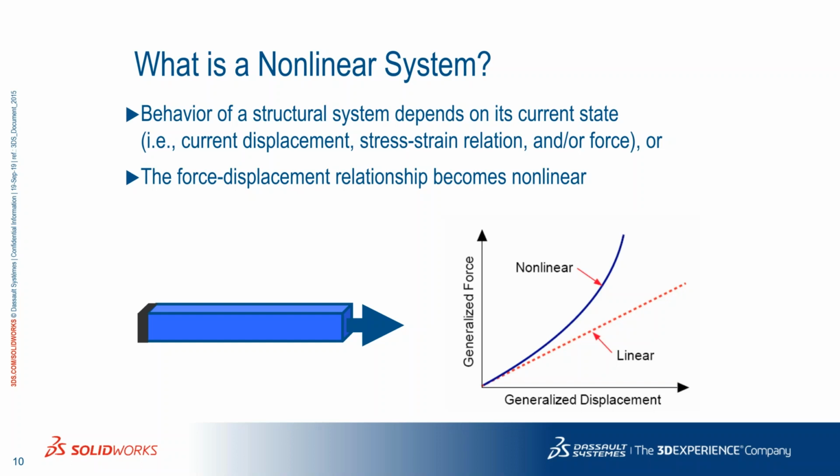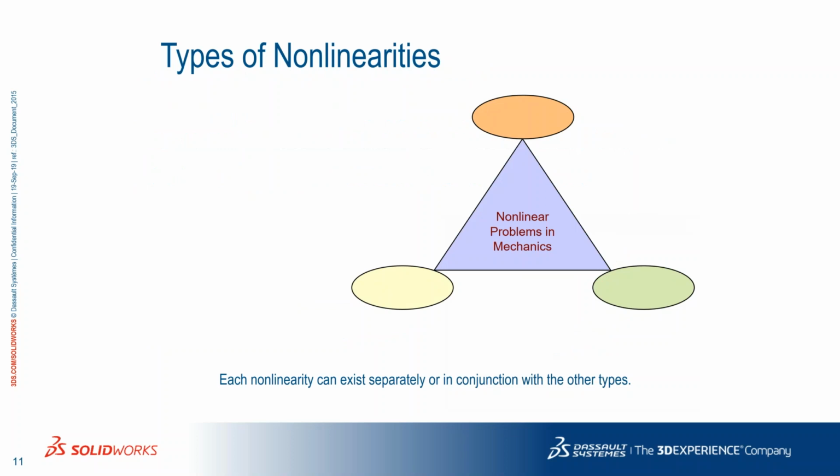So, for example, the types of nonlinearities involve geometric nonlinearities. For example, for buckling, some profiles tend to bend in a very quick way, and this is not linear, of course. In this webinar we are talking about materials.